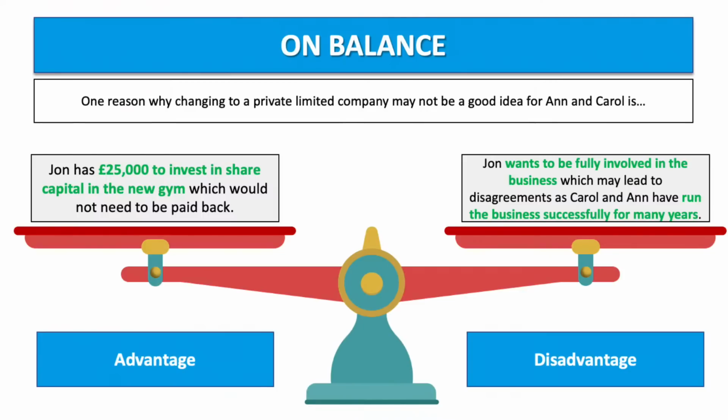For Edexcel, we'd be looking for those 5 interconnected strands. For AQA, full analysis. Okay, so the key bit here is trying to build points, link them to the case study so that it's applied to context, and build that analysis as you go.